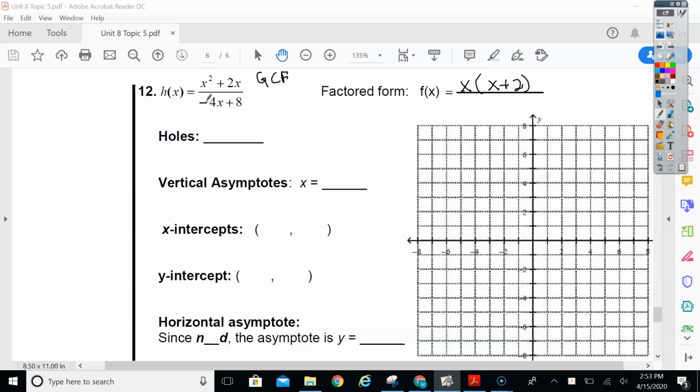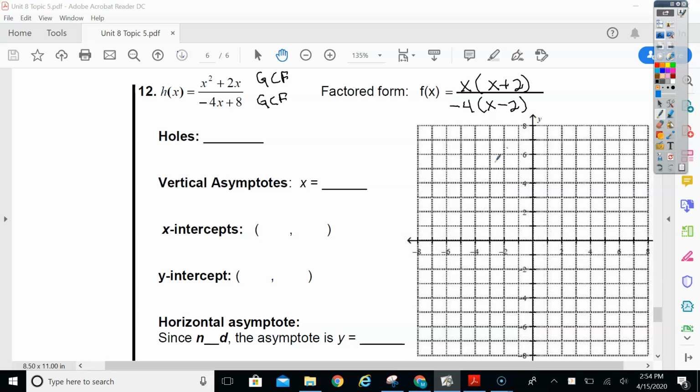Looking at the denominator, it's not a quadratic, so I don't do basic, I don't do AC, but it does have a GCF. And because I want x by itself, I'm actually going to divide both of these by the negative 4, so that x is positive. So this divided by negative 4 is just x. 8 divided by negative 4 is negative 2 here.